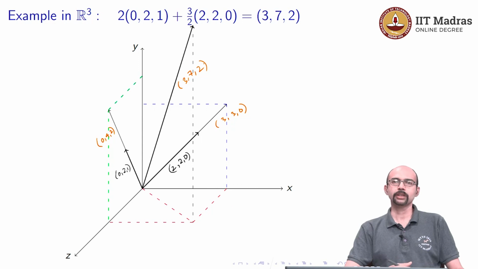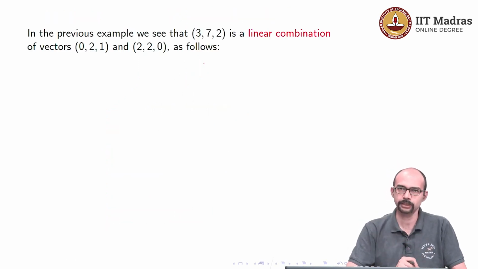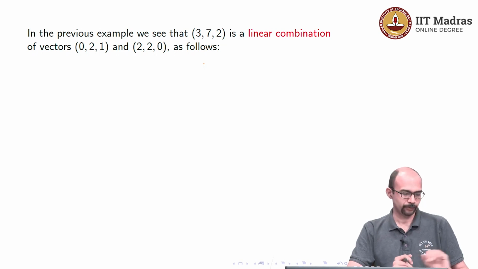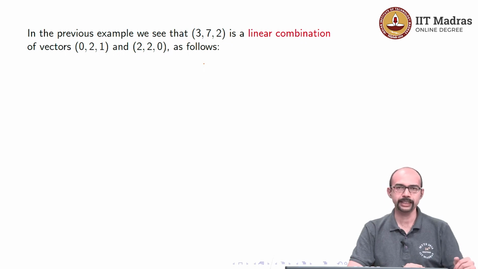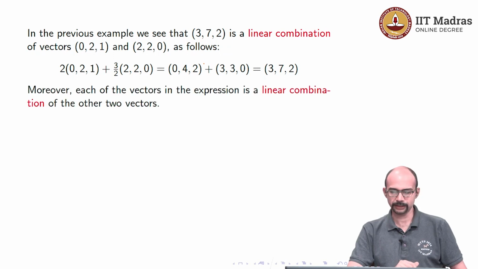Okay, so what does this mean in terms of linear combinations? In R3, the vector 3, 7, 2 is a linear combination of the vectors 0, 2, 1 and 2, 2, 0. Okay, and the coefficients were 2 and 3 halves. So that's the expression, we just did that. So we can again play the same game.